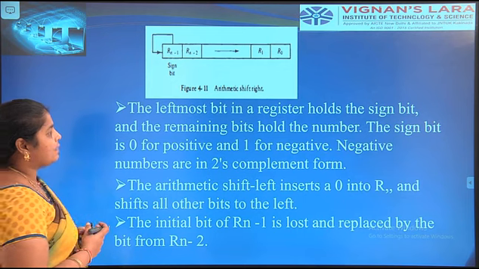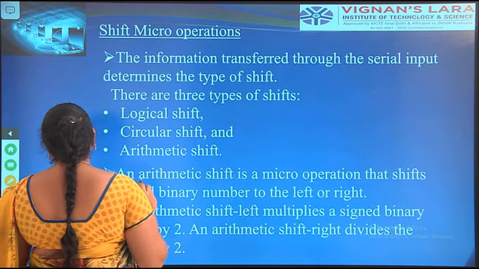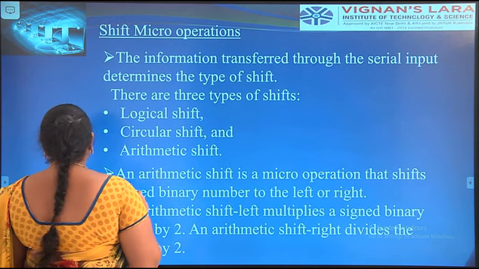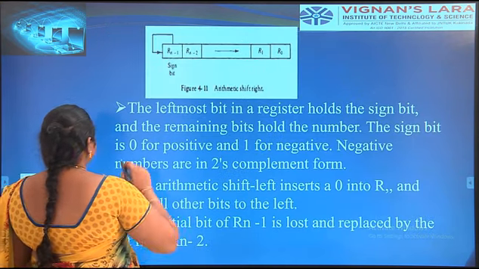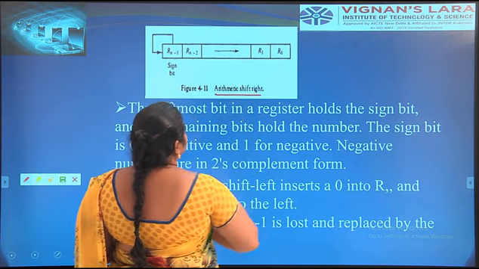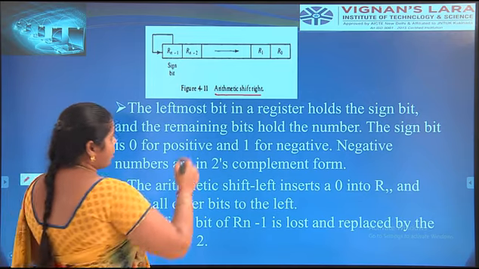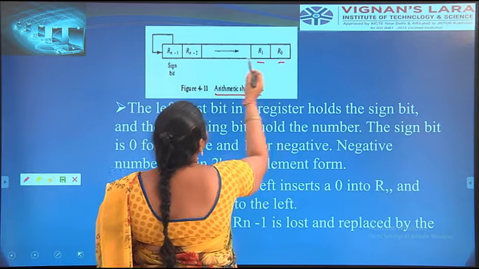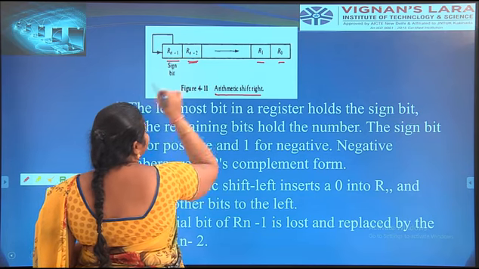This is the arithmetic shift right. What is the representation of the arithmetic shift right? Here the number is represented as R0, R1, up to Rn-1, with the sign bit at Rn-1 and then Rn-2.